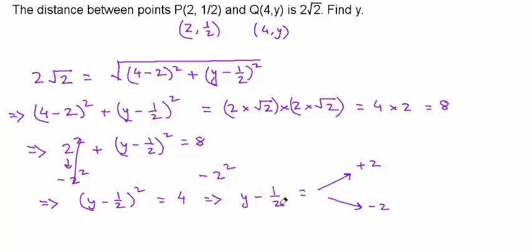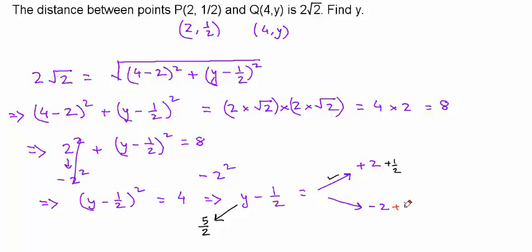And it's important that we realize that we are going to have two different values of y over here. If y minus 1/2 were equal to positive 2, you would add 1/2 to get y. Therefore y is equal to 2 plus 1/2, that's 5/2, if you go this way.